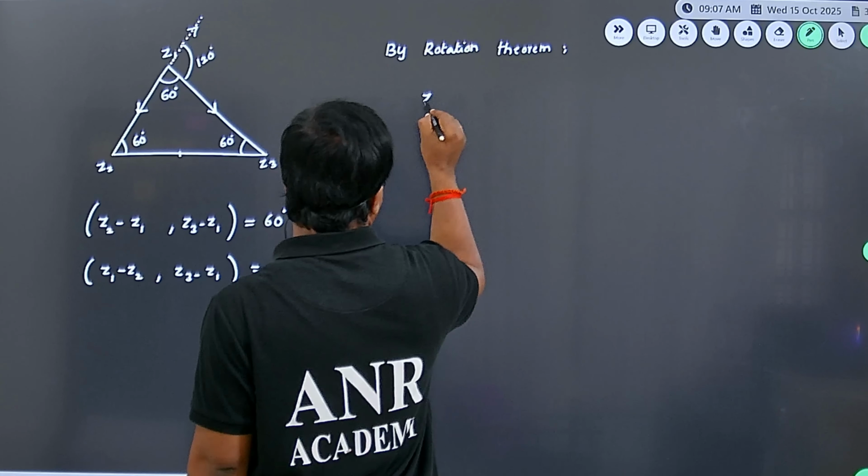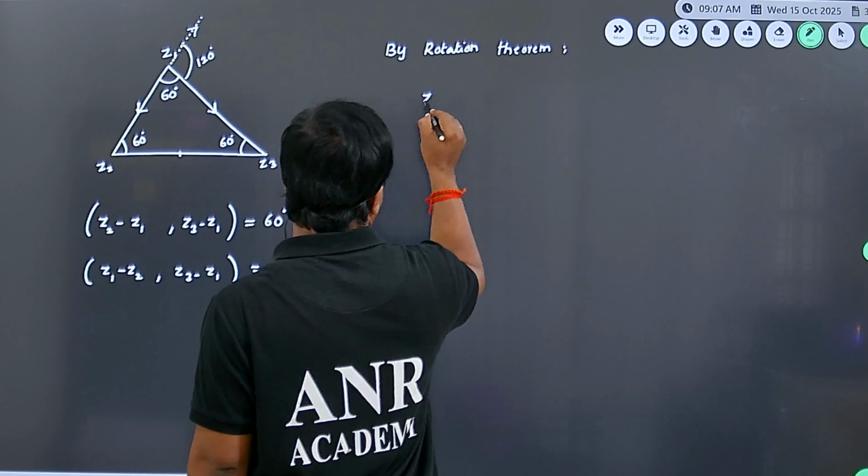Initially you have Z3 minus Z1, divided by modulus of Z3 minus Z1, times e power i theta, and theta here is 120 degrees. And since it is an equilateral triangle, these are of equal length, so they get cancelled.